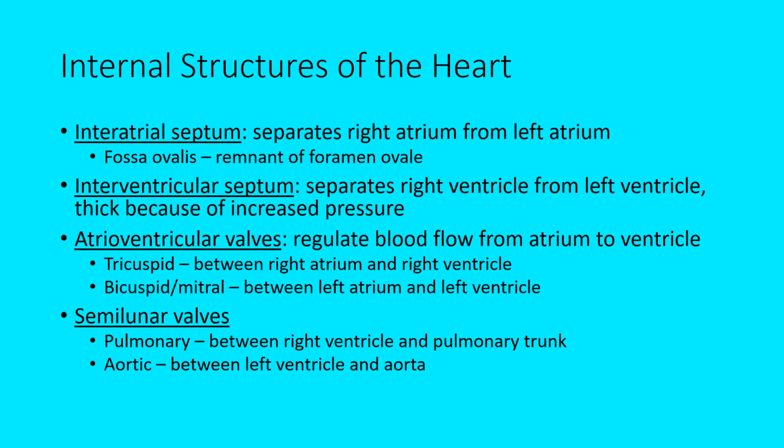The bicuspid, also known as the mitral valve, is between the left atrium and the left ventricle. There are also the semilunar valves. There are two of these. The pulmonary semilunar valve is between the right ventricle and the pulmonary trunk. And the aortic semilunar valve is between the left ventricle and the aorta. They control the blood flow going from the ventricles out to those receiving arteries.